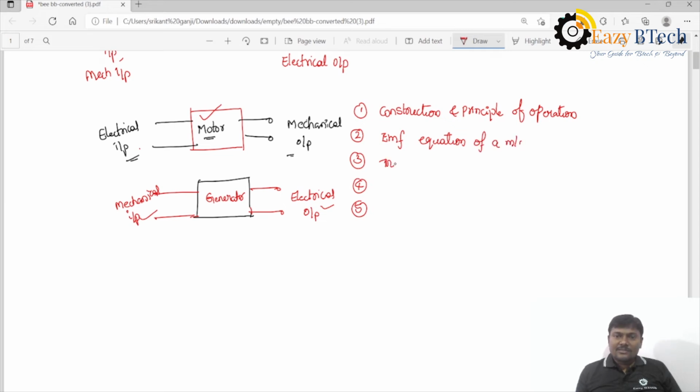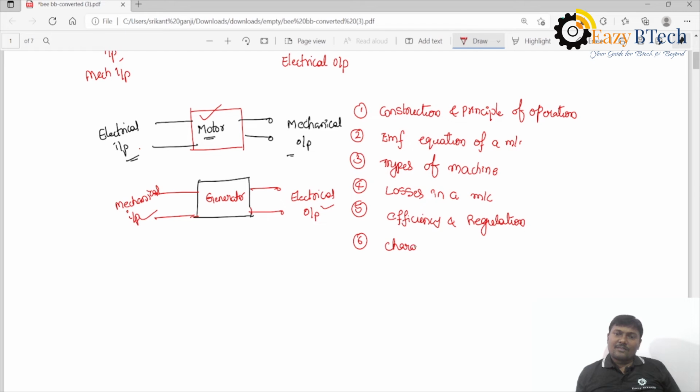After that, types of machine, and then losses in a machine. After that, efficiency and regulation of a particular machine, and then characteristics of a machine.